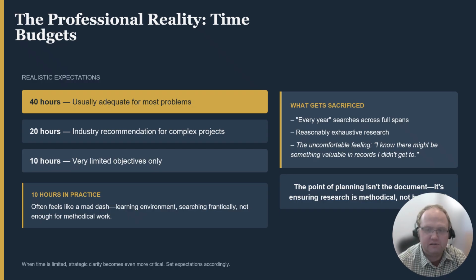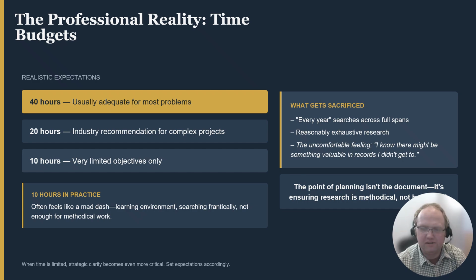It's a mad dash. You have to learn the environment, the history and context fast. You're searching frantically. It's not really adequate to do particularly high quality methodical work. Although I can do quite a bit, I just know that there are corners you have to cut.